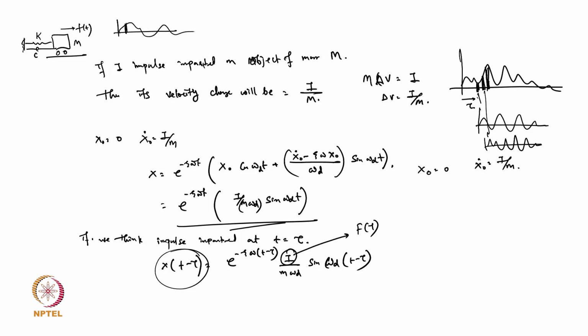In this way you have a series of responses, and your resultant is the summation of all of them. So x will be the integral from 0 to total time of e to the power of minus xi omega (t minus tau) into f tau, divided by m omega d, into sine omega d (t minus tau) d tau.